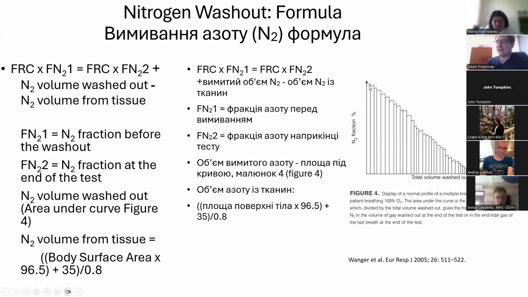With each breath, the fraction of nitrogen in that breath is measured, and the volume exhaled is measured. If you multiply the percent fraction by the volume exhaled, you will get the volume of nitrogen.